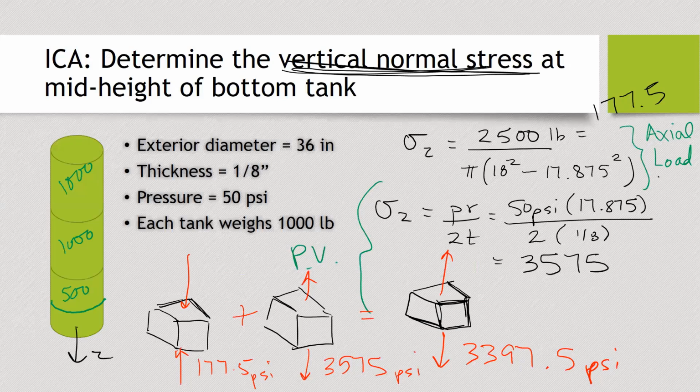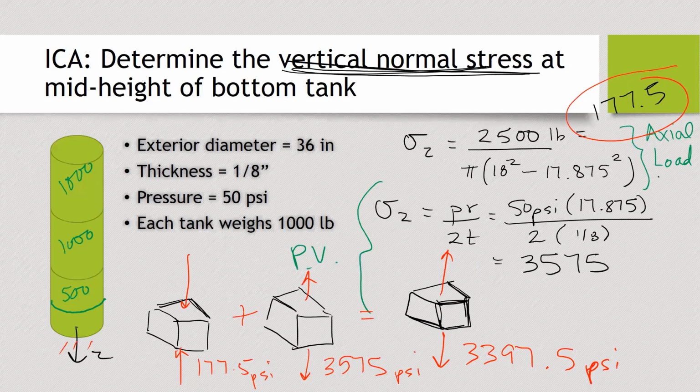Compression is always assumed to be negative. Yeah, so this one here will be negative. The weight is causing a compressive stress because that weight is acting down. The reaction is then going to be going back up, so you're squishing the material. The pressure is trying to push outward, so that's always putting a tension. So we have positive tension from the pressure vessel, negative compression from the weight.